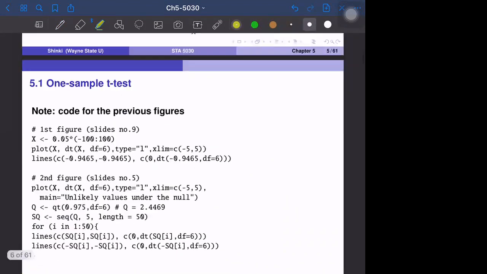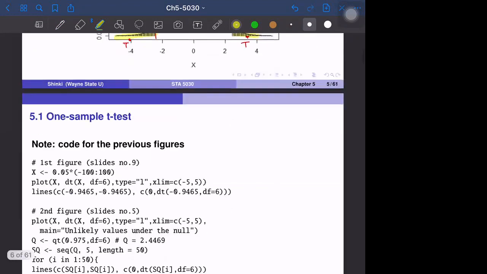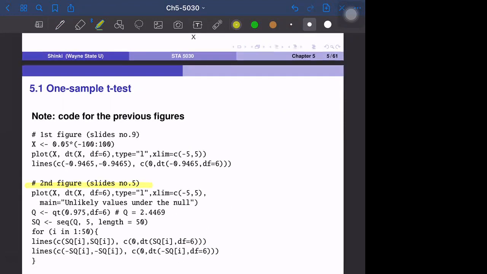If you are interested, you can make this figure with this code. At first you plot the density function. We have 7 observations, so the T statistic follows T sub 6, which is n minus 1. So you can describe the density curve by this.